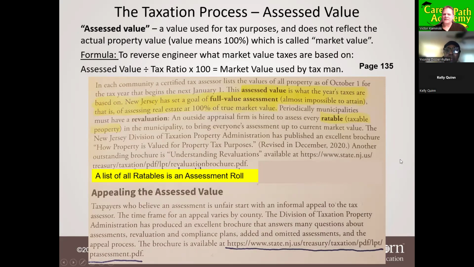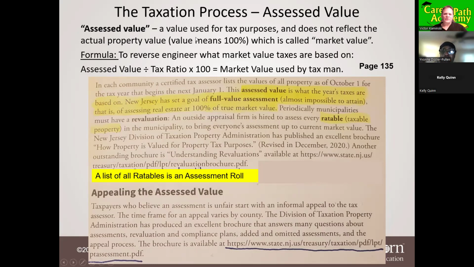In reality, some properties have been assessed at as little as 15% of their market value, to as much as 150% in other areas. So you just got to try to do the reverse engineering of the math to see what figure the tax man is estimating your property's value to be, to see if they're overtaxing you.